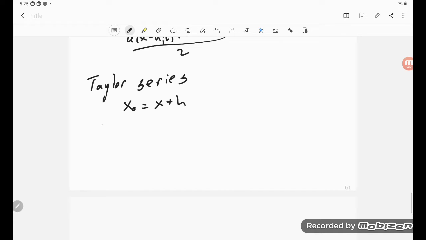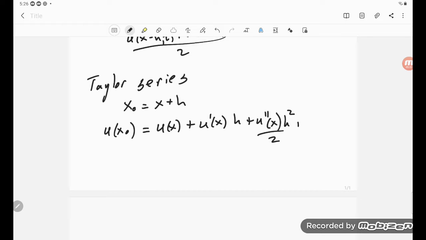Then, using Taylor series, I can write that u at x0 is equal to u at x plus u prime at x times h, that delta x or whatever, plus u double prime of x h squared over 2, and then plus other stuff, the cube and the fourth and all that.